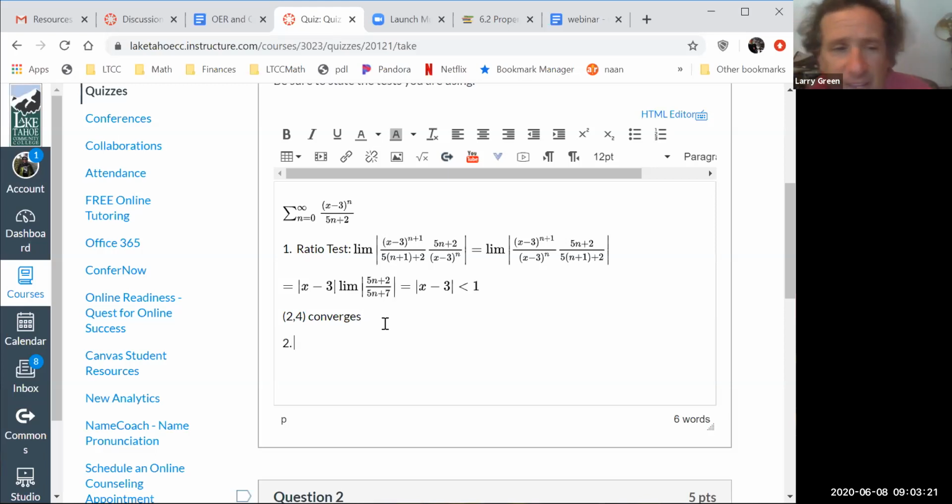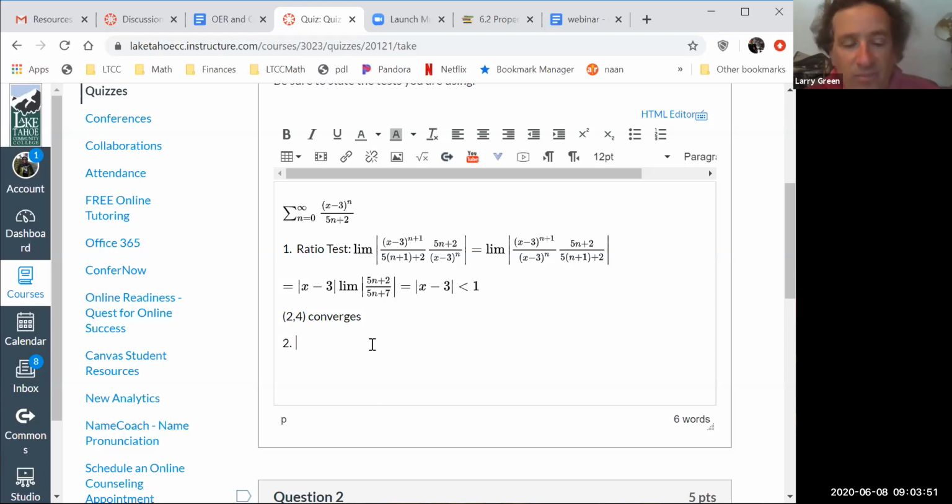I found it helps to have an organization and to realize this is a 3-step process and go through each of the steps, because this interval of convergence is important. It comes up a lot. All right, so now what's step 2? Step 2 is to test the left endpoint.